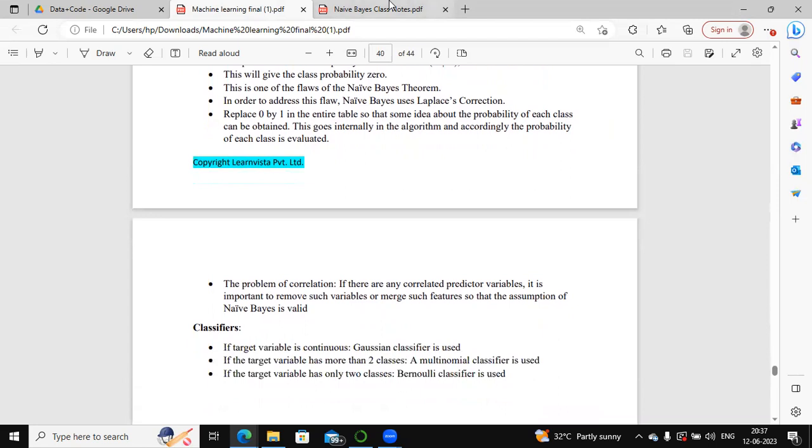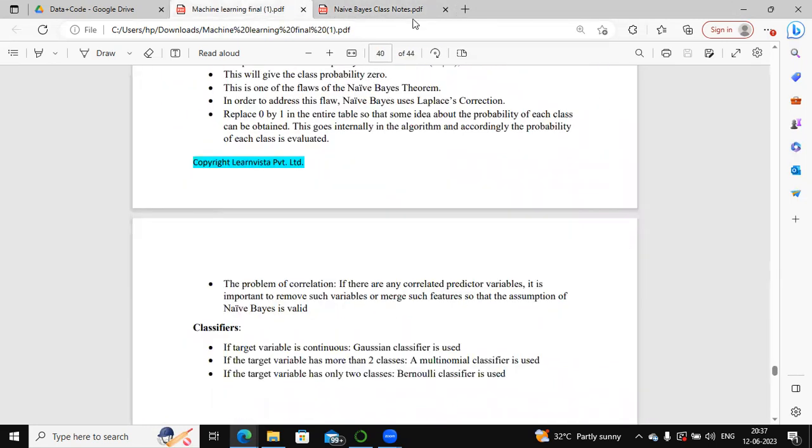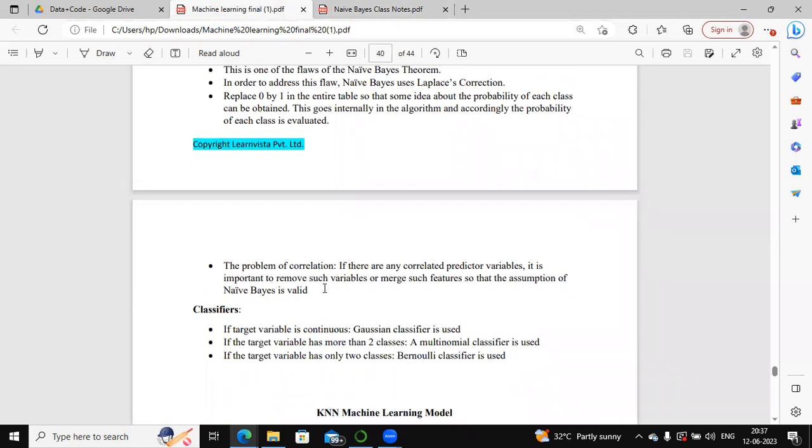Now let's see the problem with correlation. What will happen if the independent variables, or the predictors, are correlated to each other? If there are any correlated predictor variables, it is important to remove such variables or merge such features so that the assumption of Bayes is valid.